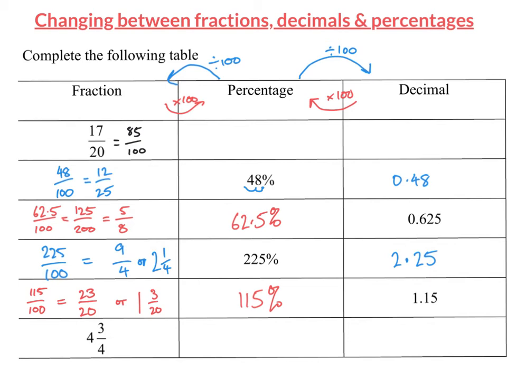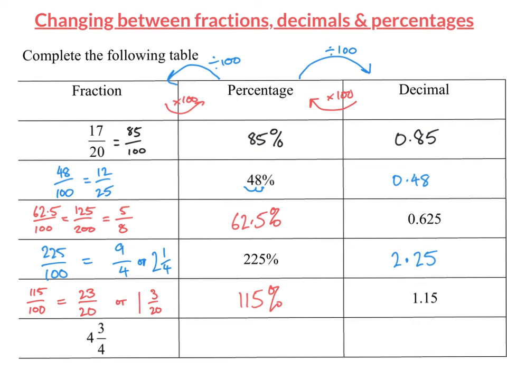Now, that's much easier to multiply by 100, because when I multiply by 100, the bottom line is cancelled out and we're left with 85. Or you can think of it, 85 out of 100 is 85%. And once we have 85%, writing that as a decimal is nice and easy. We divide by 100, so it's 0.85.